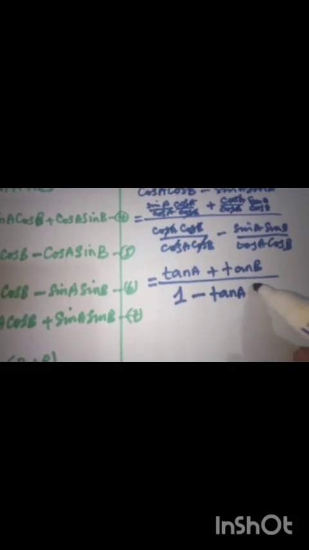So we have sine A cos B over cos A cos B, plus cos A sine B over cos A cos B, all over 1 minus sine A sine B over cos A cos B. When simplified, cos B cancels, and sine A over cos A is tan A. Cos A cancels, and sine B over cos B gives us tan B. In the denominator, sine A over cos A is tan A and sine B over cos B is tan B.